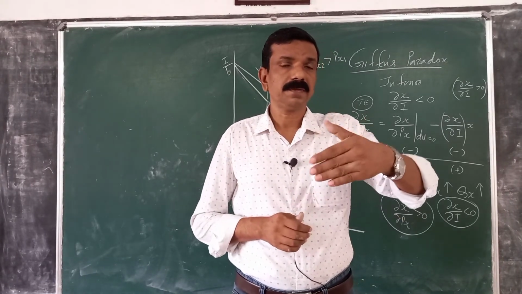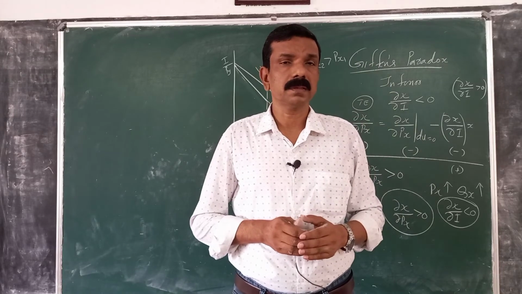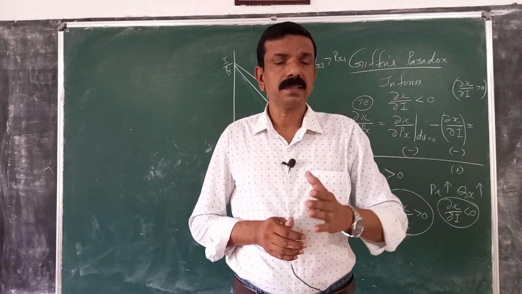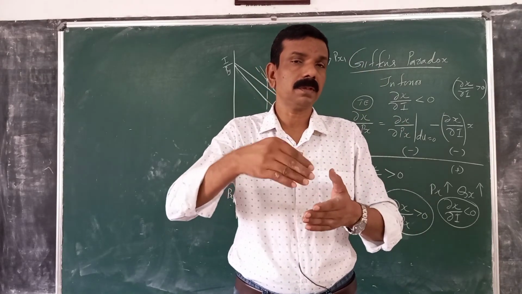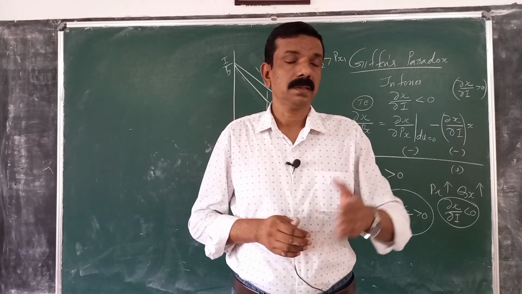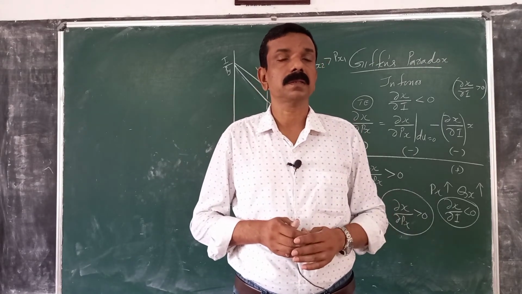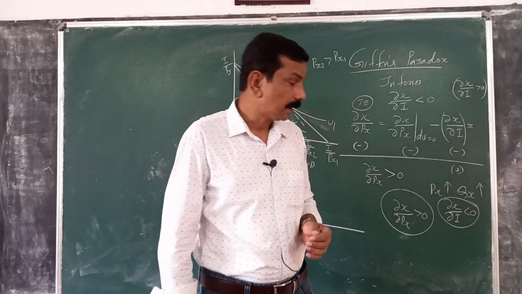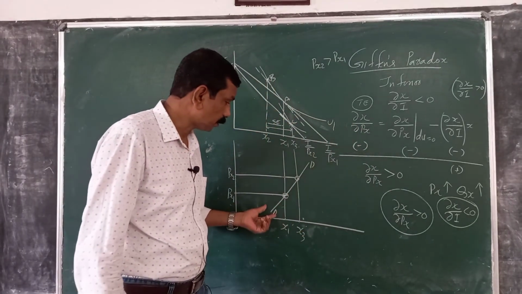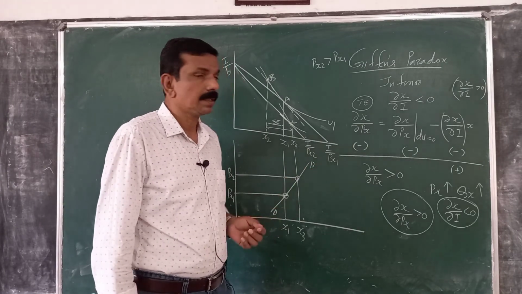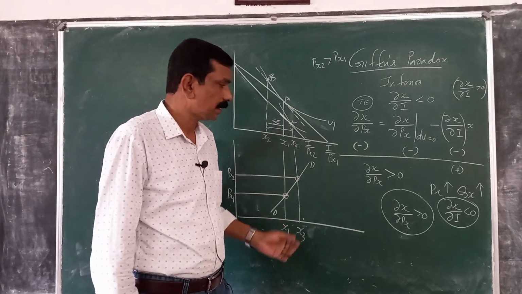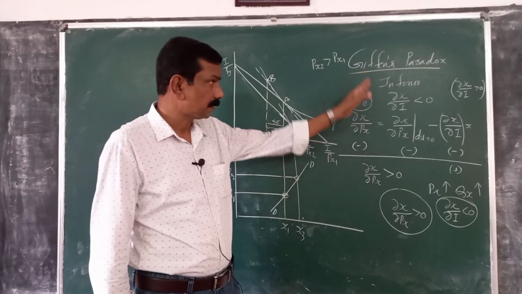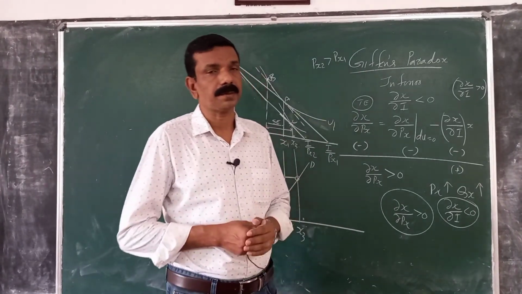So that if the price of that commodity increases, there is a substantial reduction in real income, so that he will not be able to purchase meat. His consumption of potatoes will increase. And that will give us the positively sloped demand curve as given in this graph. This is the case of Giffen's paradox.